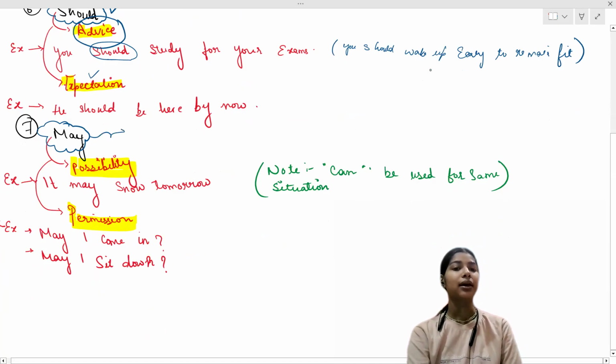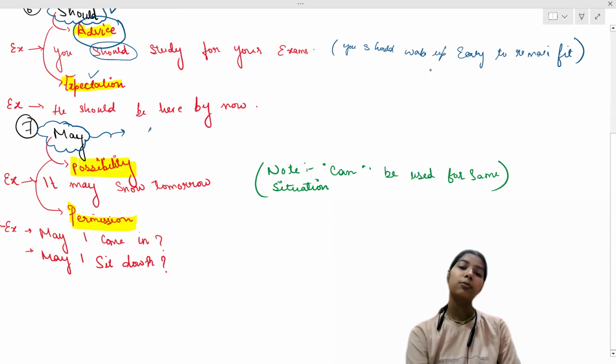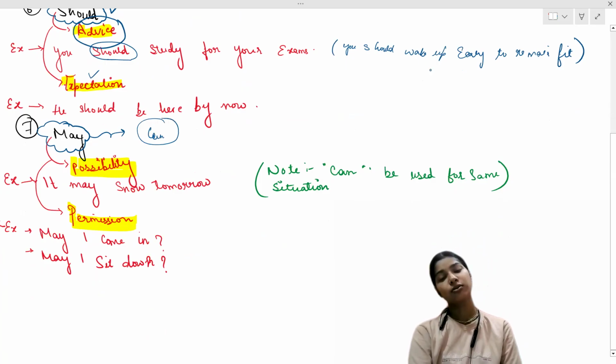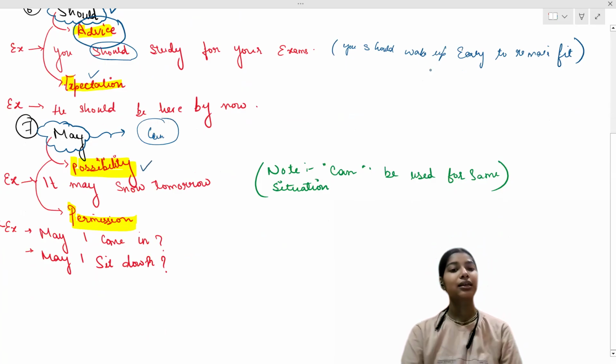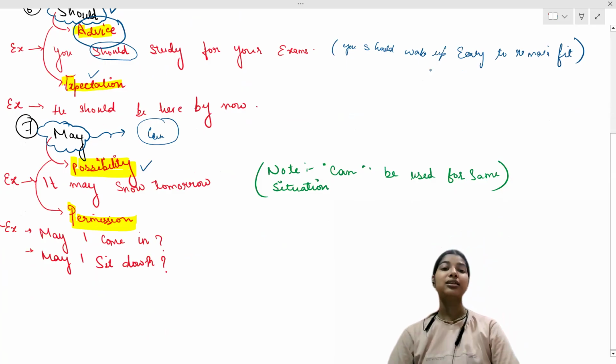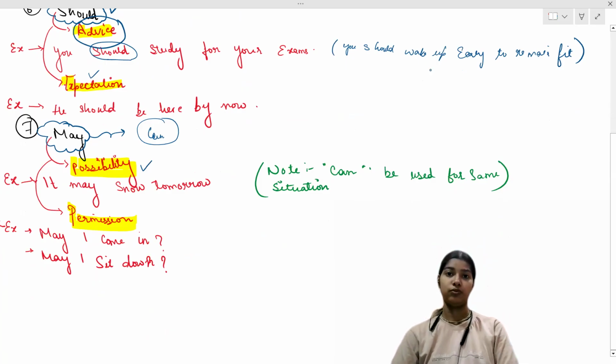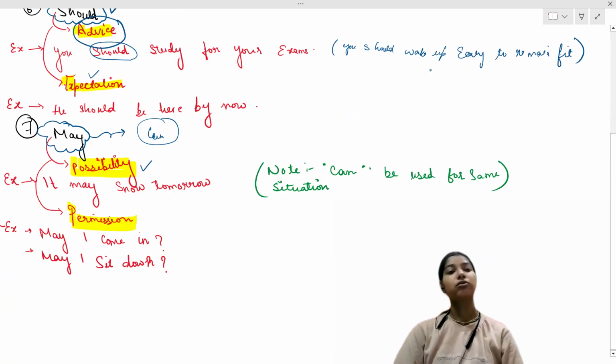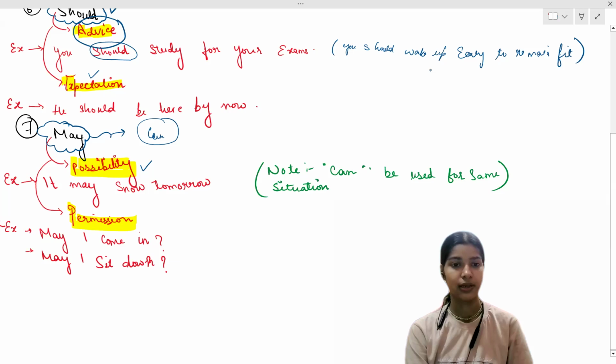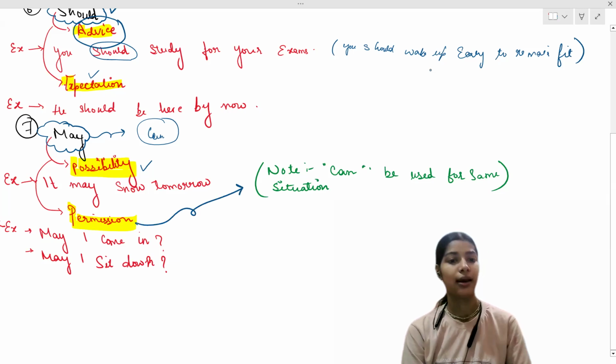That is may. It can be used in the place of can if there is a possibility. It may snow tomorrow. In a possibility, can cannot replace may. Only in the permission case can it happen.